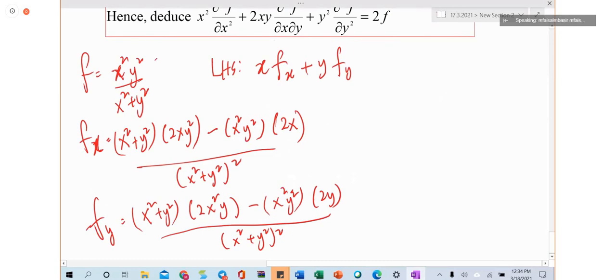So if I do this, I have to multiply with x, right? So when I multiply with x, 2x squared y.